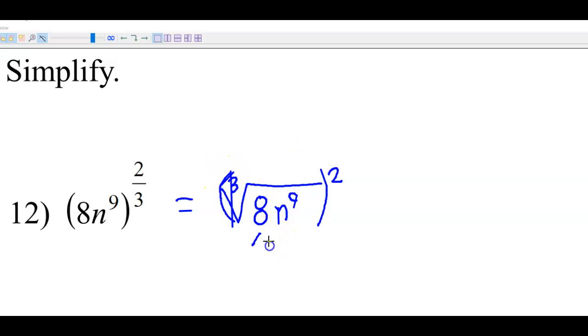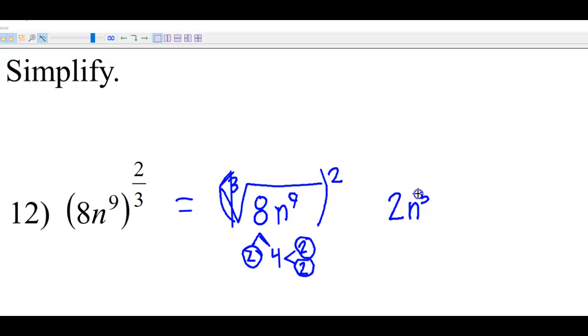So I will break down 8. That's 2 times 4. 4 is 2 times 2. So I've got 3 2's under a cube root, which means I can pull out a 2. N to the 9th, that's n to the third 3 times, so I can bring out n 3 times.